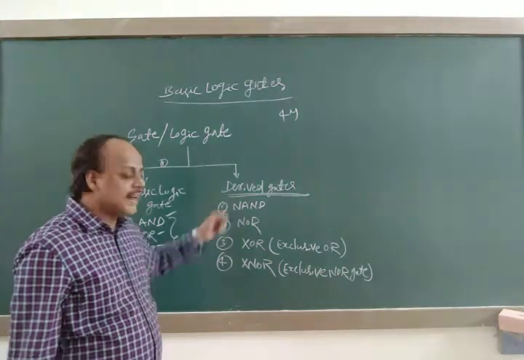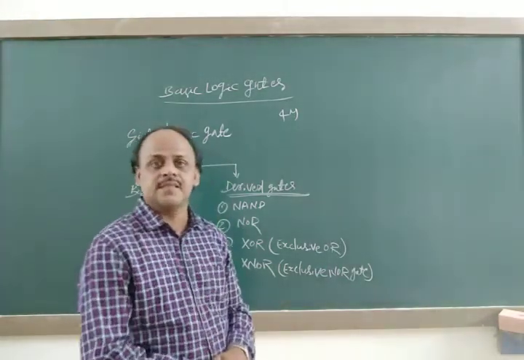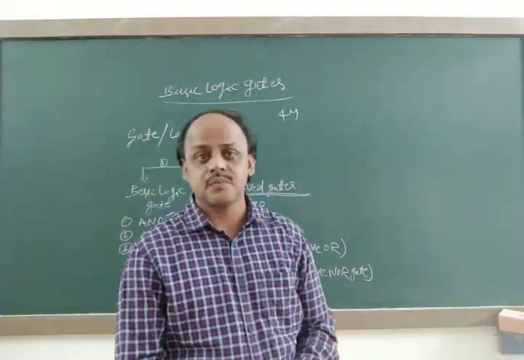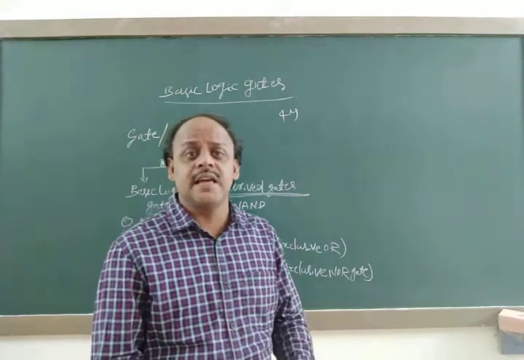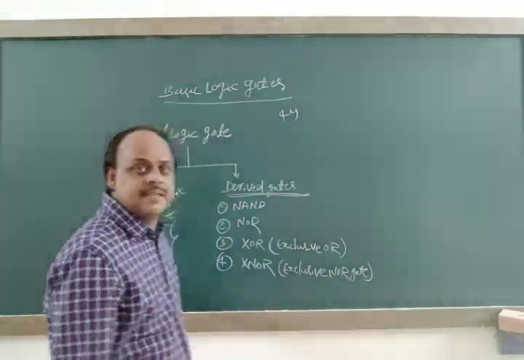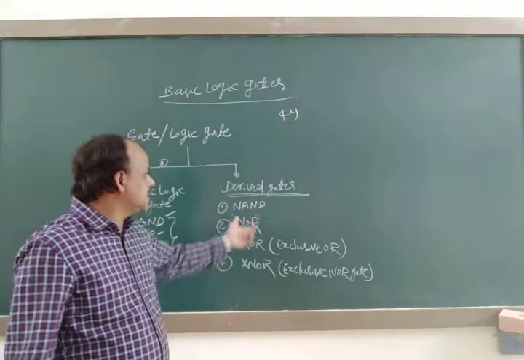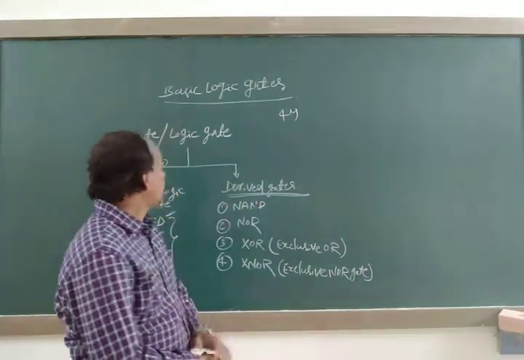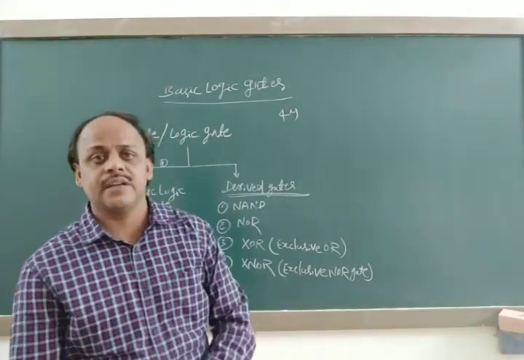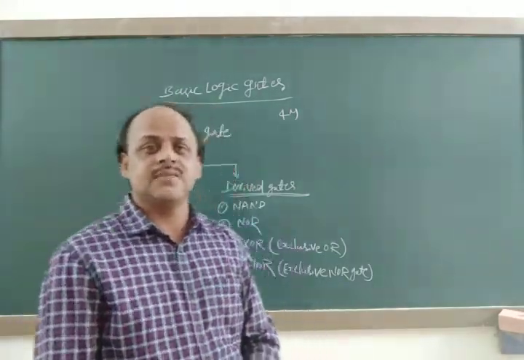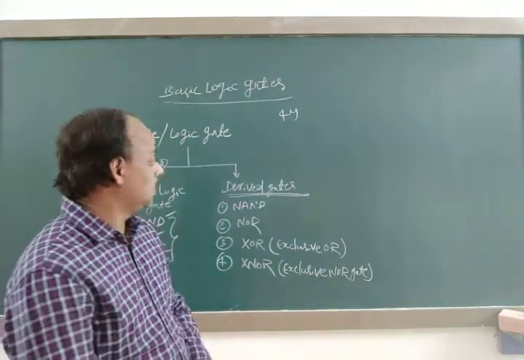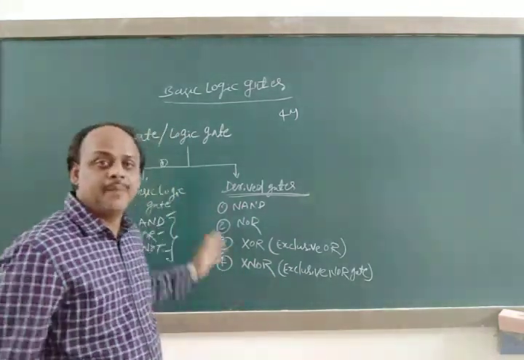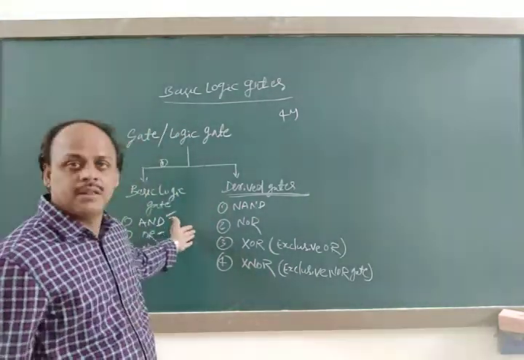Hence, a derived gate can be defined as a gate which is constructed with the help of basic gates. So, now we discussed the definition of a logic gate and classification of logic gate. Now, let us see one by one in detail about all these gates.